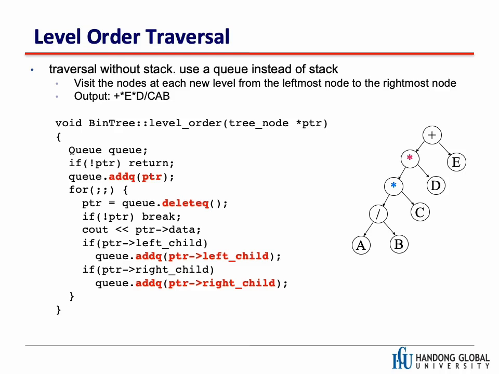When we delete, we get the pointer to star. We print out star, then we add slash and we add C, and then we go back and delete, and we get D. We print out D; it doesn't have any children, so we don't add anything. When we delete again, it is a slash, and so on. So we can traverse the tree in level order.